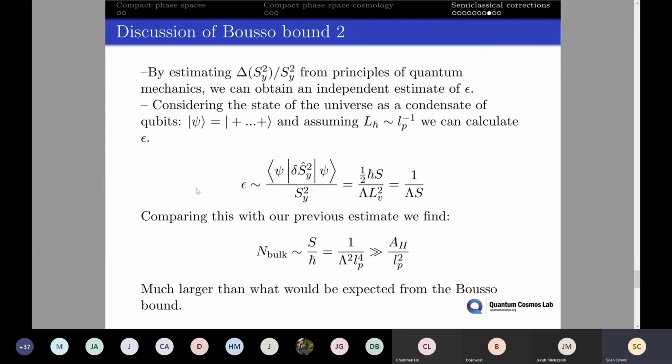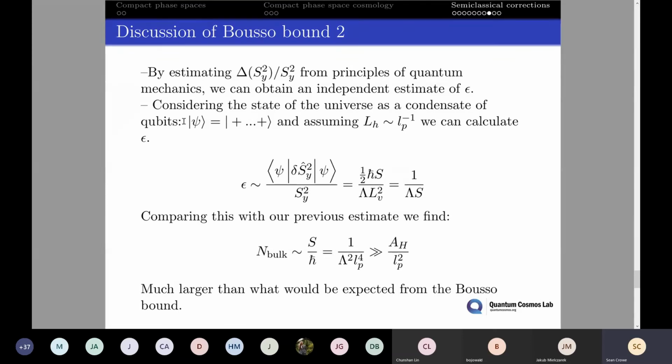So maybe we can estimate that in a rough sort of way before wrapping up. Say we consider the state of the universe as a condensate of qubits. So we're considering the universe as being described by qubits right now. Whatever kind of bit we choose to describe the universe isn't so important. It just has to have a finite set of states that it can take on.